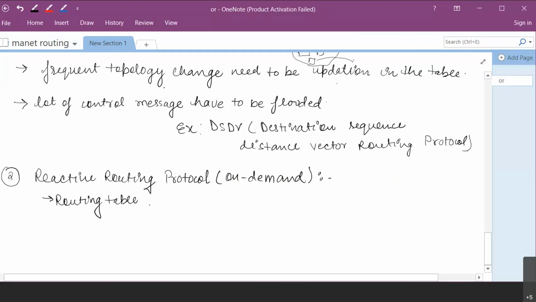The routing table is not updated always.